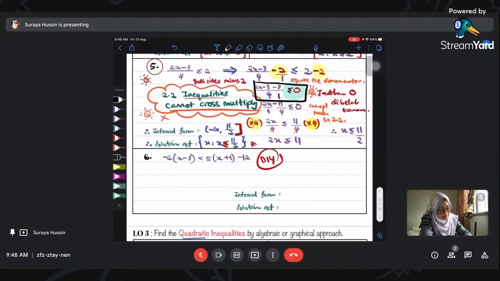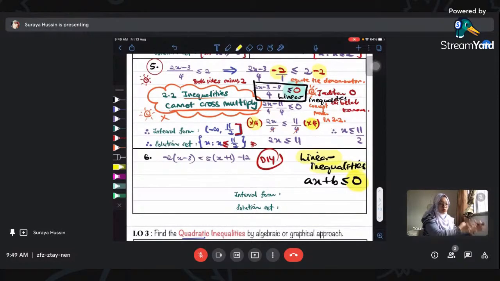Oh, miss buat more than, miss buat equal to 0 lah. Miss buat less than or equal to 0 lah. This is actually what we call as linear inequality. Sorry lah guys, dah sempit sangat kat situ. Okay, so linear inequality adalah AX plus B something equal to 0. This is actually what it is mean by linear inequality. Mesti dapatkan kosong.